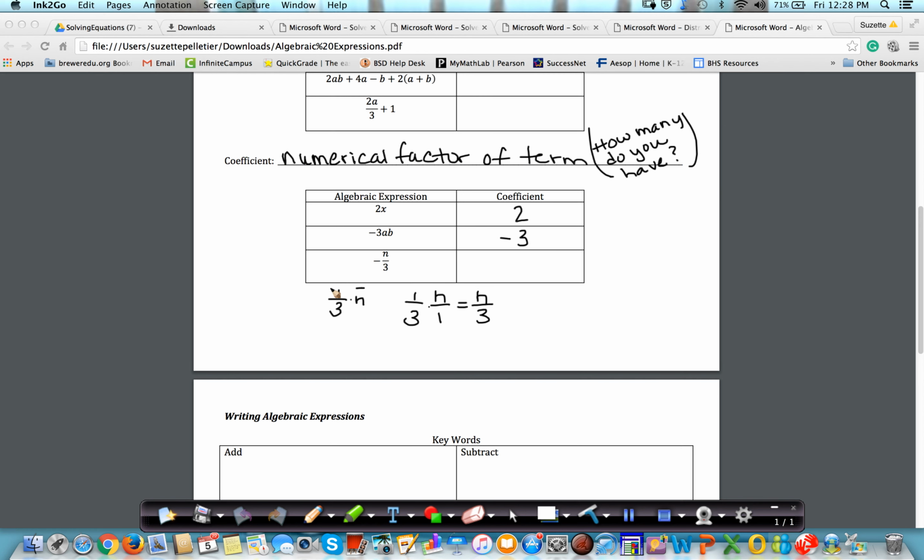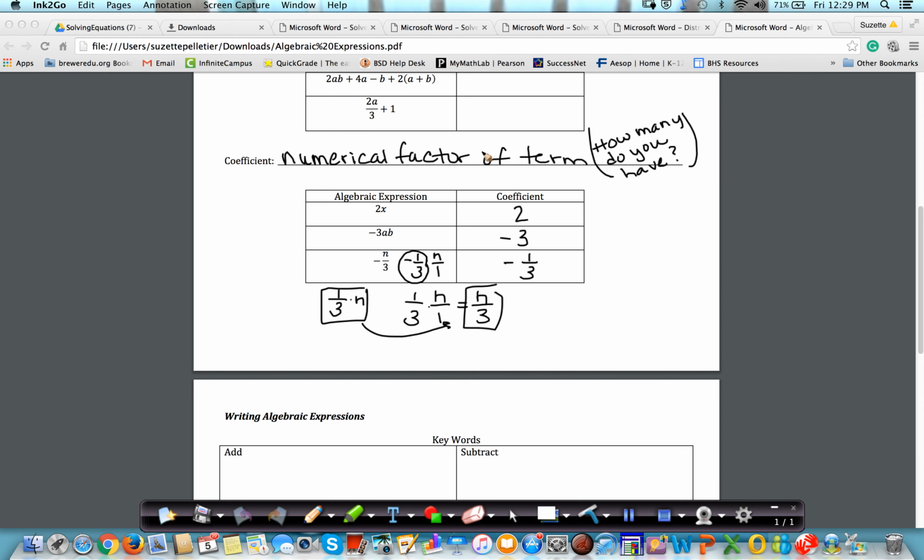So I could rewrite this as -1/3 times n over 1, or just n. So when I say how many n's do we have, now you can see we have -1/3 n's. So be careful about those division ones. Rewrite them as a multiplication sentence, and your coefficient will appear for you right in the front.